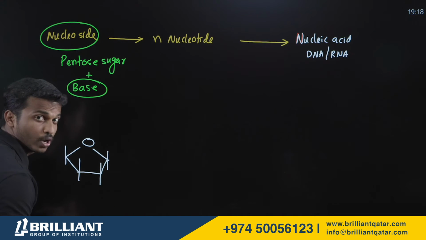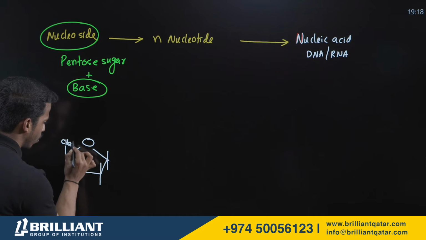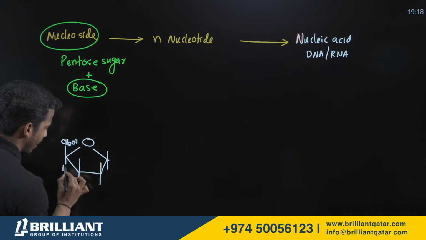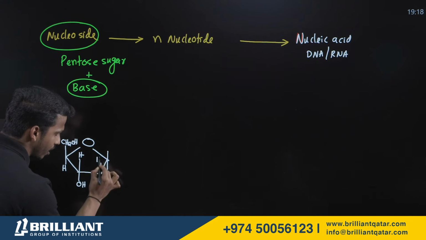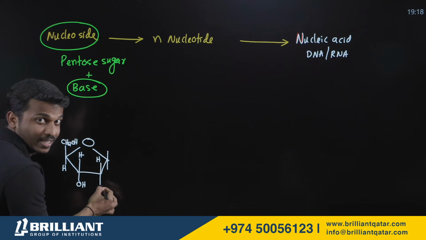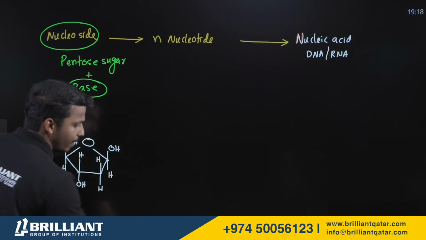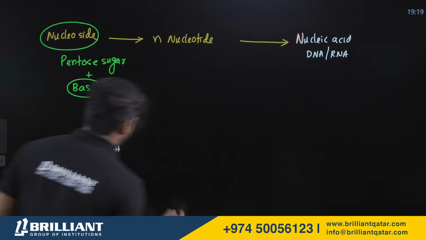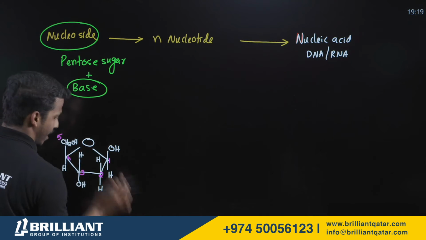What are the components? Do you remember in DNA? Here we have CH2OH, correct? Here hydrogen, OH. This is the second position. Here hydrogen, yes, because there is no oxygen in the second position in DNA. And this is OH and H. And the carbons are number 1, number 2, number 3, number 4 and number 5.